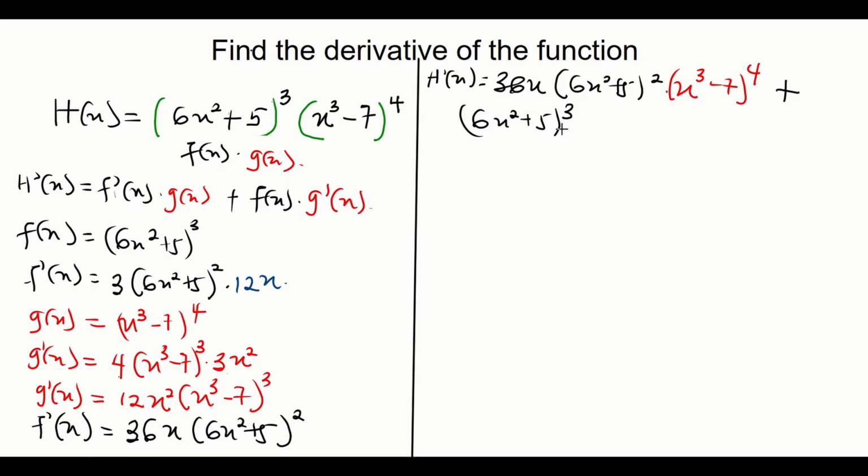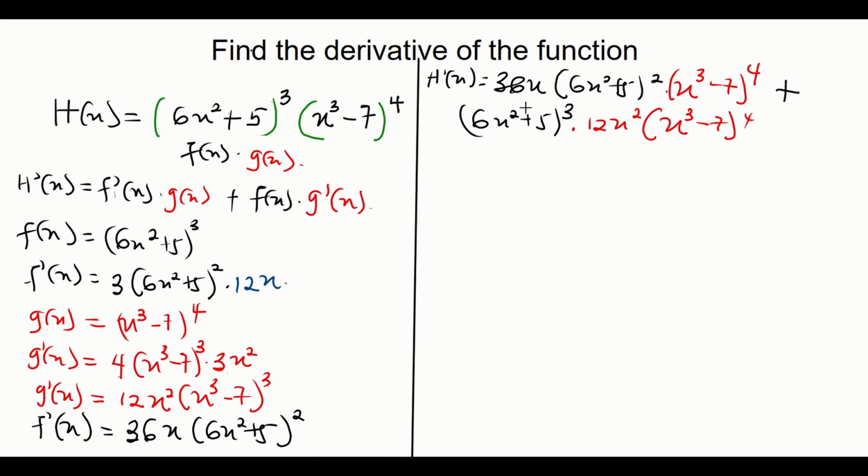So I multiply that with my g prime of x, which is this guy, 12x squared, multiplying x to the power 3 minus 7 to the power 4. Alright, so we've now gotten our product rule, but further, we can simplify everything that is here.